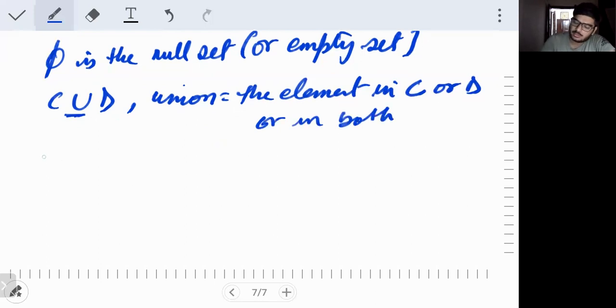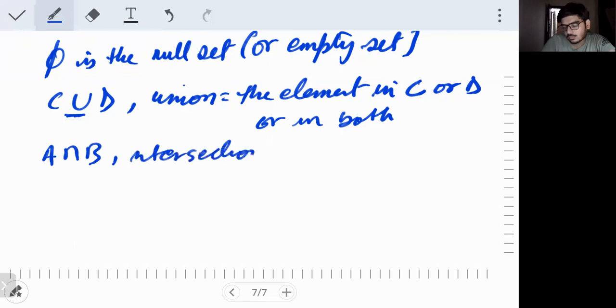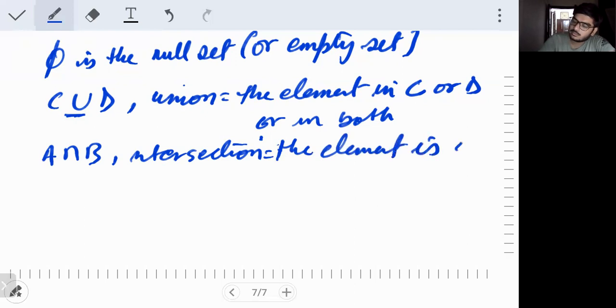This other symbol means intersection, which simply means the element is in both A and B.